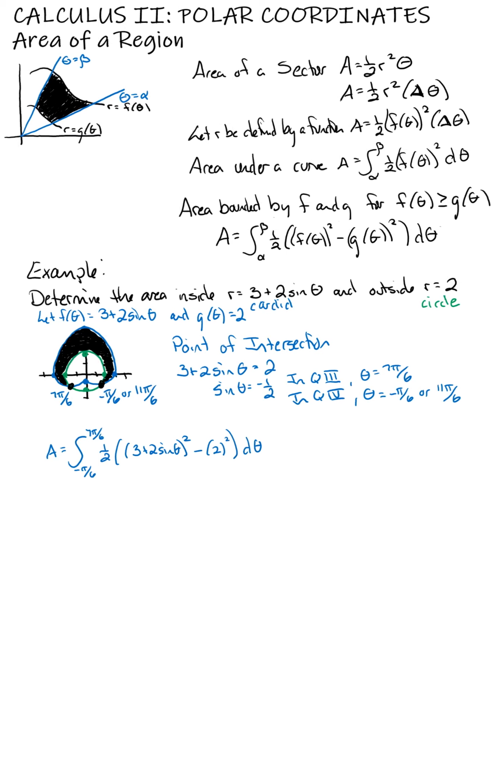Okay, so now, to get through all this, we're going to have to clean this up just a little bit. This bit right here, we can write this out as a binomial squared. So this is 3 plus 2 sine theta times 3 plus 2 sine theta.